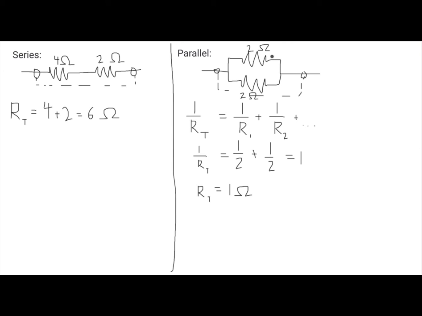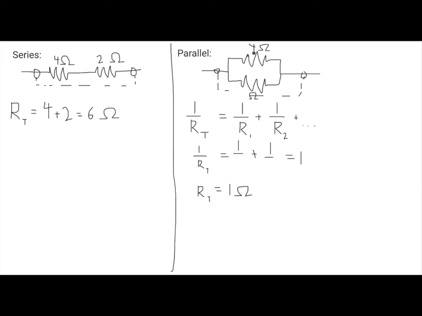However, if, for example, instead of 2, this was 4, and this was 4 as well, oh, I broke my circuit. There we go.